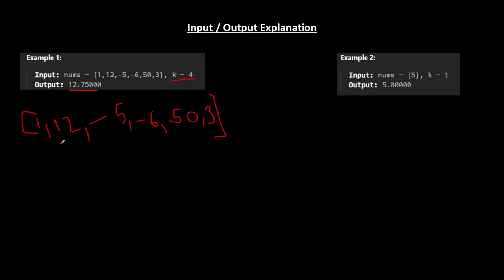As you remember, the subarray should be of length 4 and it should be continuous. So let's take this from 1, 12, minus 5, and minus 6. This is one continuous subarray, and we have to find the average. What is the formula of average? The sum of elements divided by the number of elements.